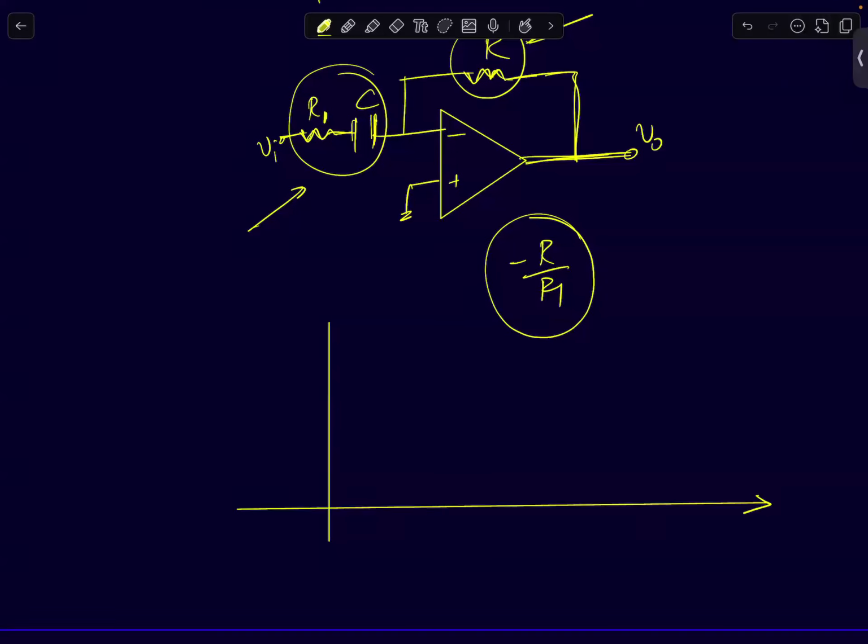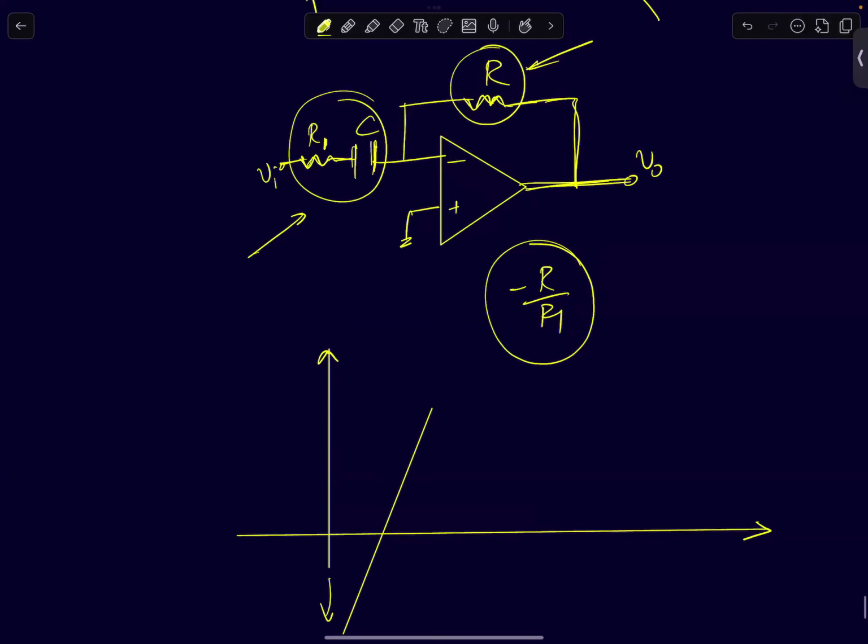At DC, it's a capacitor, so the transfer function will be SRC. So on a log scale, it will be minus infinity, right? Omega equal to 0 will be minus infinity. So I'm plotting it on a log scale. And then at some point, you want this to flatten out. It's just increasing. At some point, the resistive impedance here will start dominating the capacitive impedance.